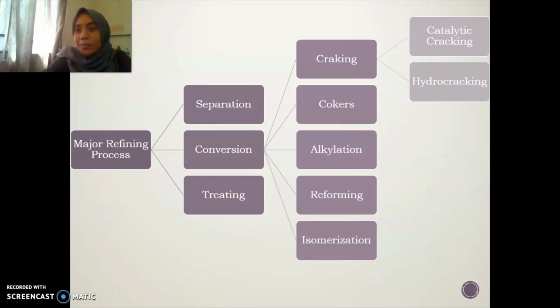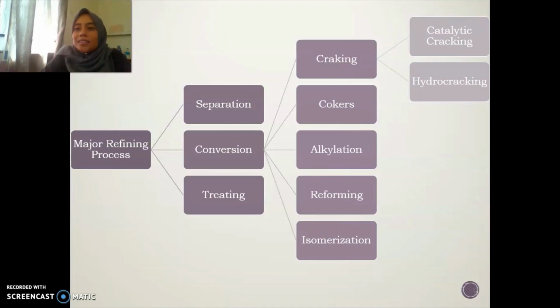Isomerization is a process where linear alkane molecules are converted into high octane branched molecules, and it is used to obtain a high octane number. Isomerization is also used to convert butane into isobutane, and isobutane is used in the alkylation process.